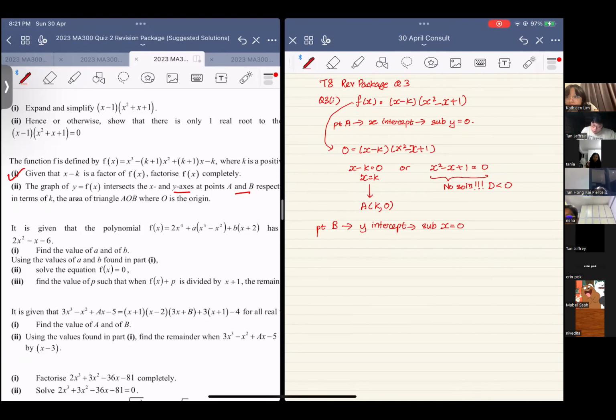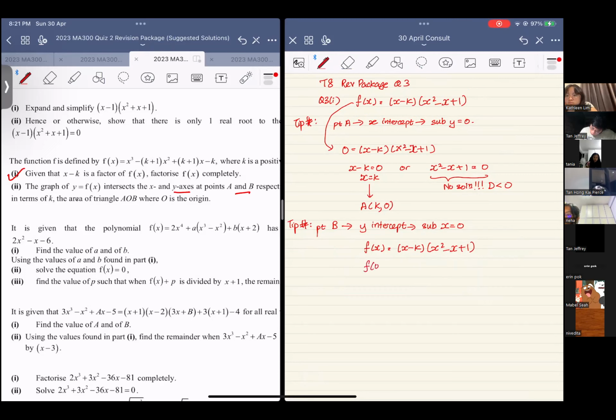That is the strategy here. So I sub x equals 0 into this equation.